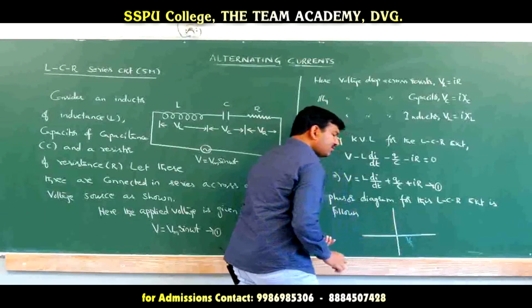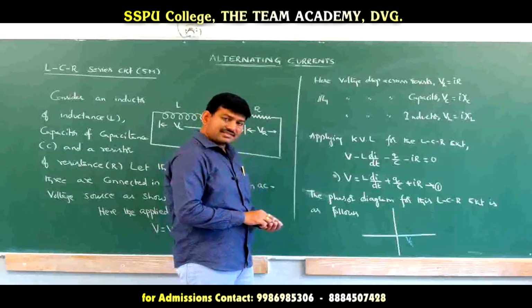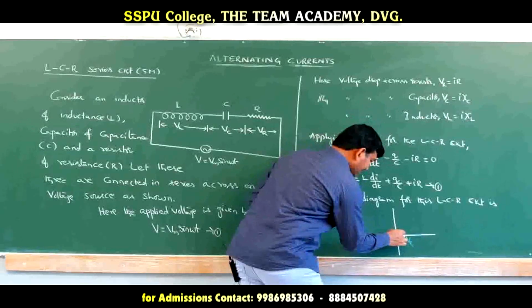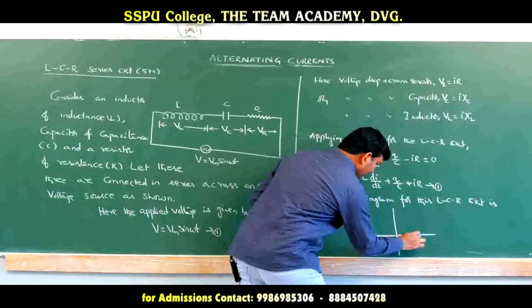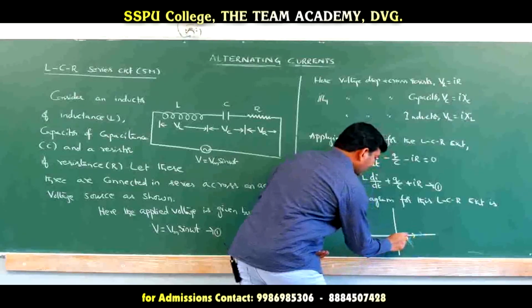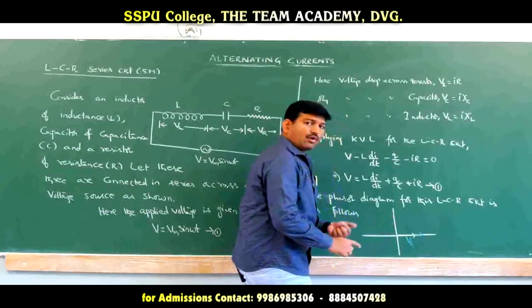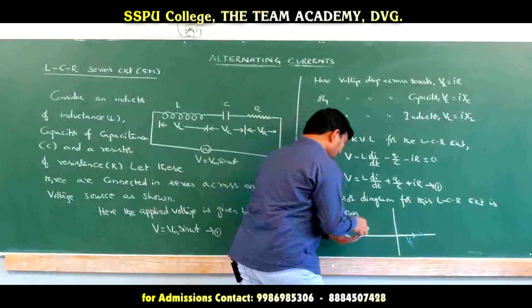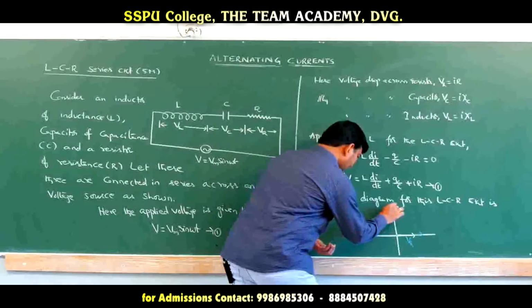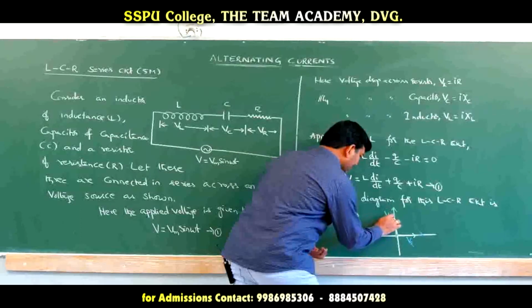In a pure resistor circuit, voltage and current are in phase. In a pure inductive circuit, voltage leads current, so this is the representation for the voltage across the inductor.